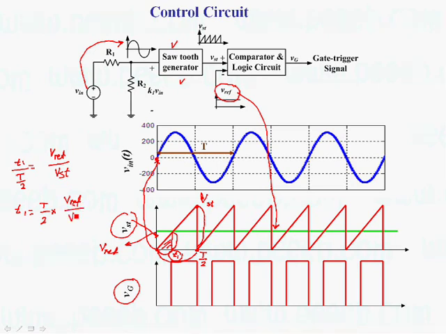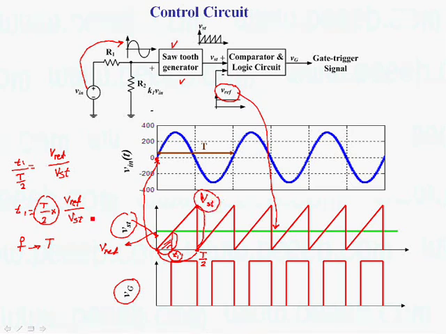So basically the line frequency is constant. That means this cycle is constant, so this term is constant. Suppose that we generate the sawtooth with constant peak voltage.